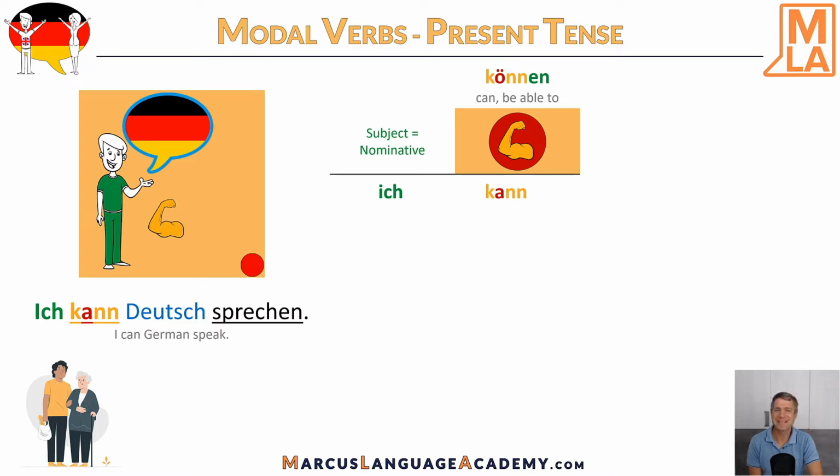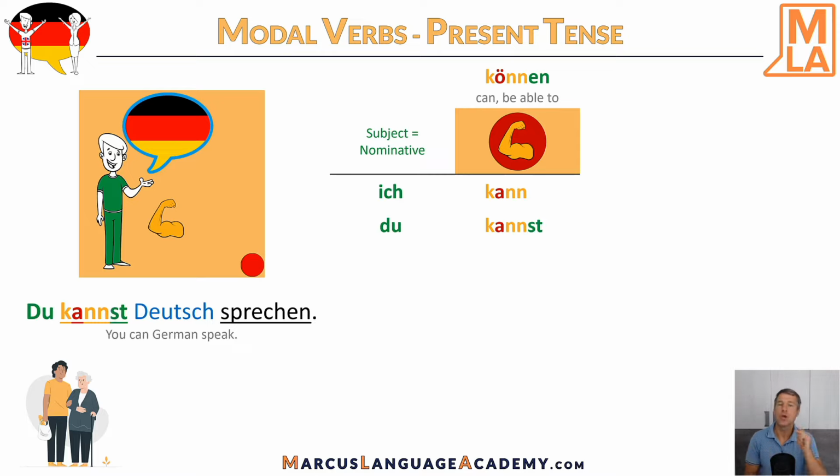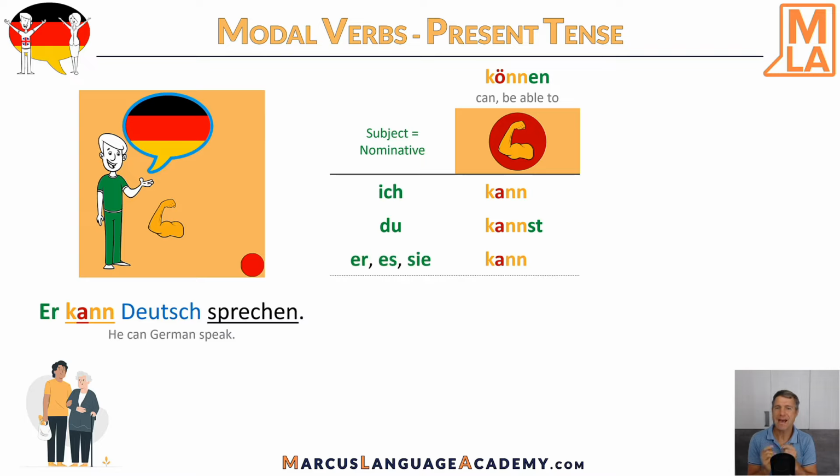So, in the singular, the modal verb remains irregular, and the following forms are du kannst. So here we add -st. Du kannst Deutsch sprechen. You can German speak. Er kann. And again, no ending like in the first person. Er kann Deutsch sprechen. He can German speak.